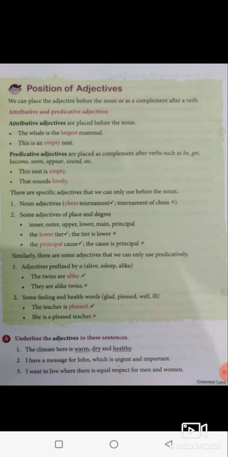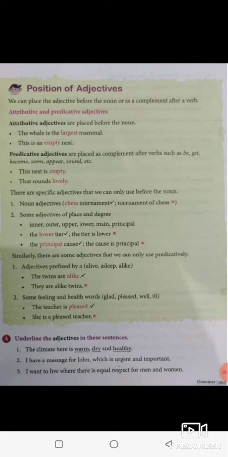Let's look at exercise A. We need to underline the adjectives in these sentences. The climate here is warm, dry, and healthy. So warm, dry, healthy, these all are adjectives which describe or add meaning to the climate, what kind of climate it is.